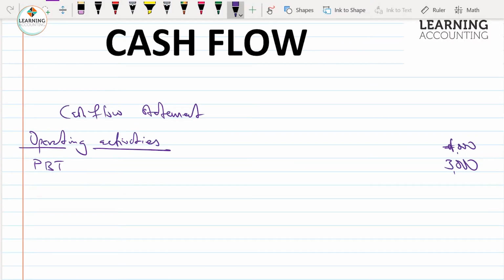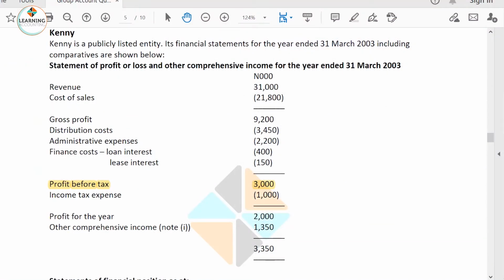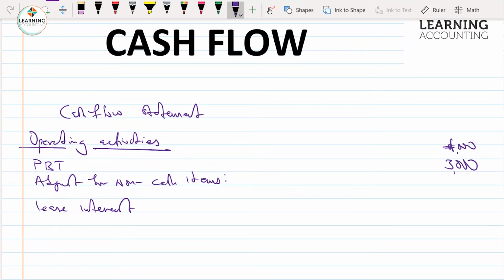So we have adjust for non-cash items, and we have lease interest. Like I said, lease interest is a non-cash item, so we're adding back 150.